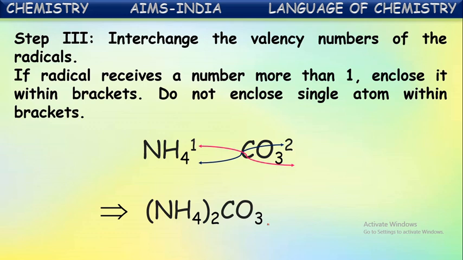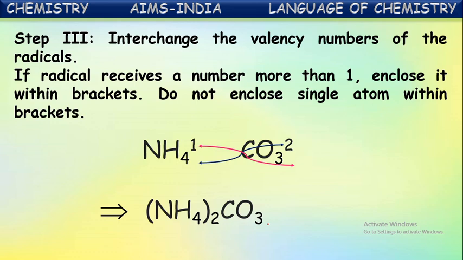This is the way we write the molecular formula of any compound. So the simple steps are: first, we write the positive ion followed by the negative ion. In the second step, we eliminate the highest common factor from their valencies. After eliminating, we just ignore the positive and negative symbols in their charges.